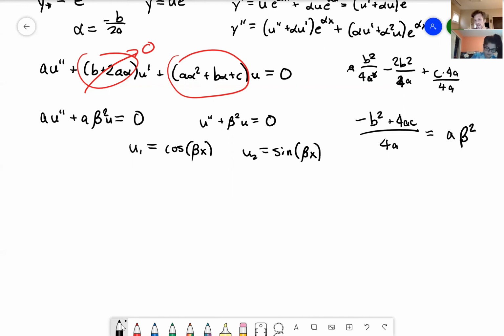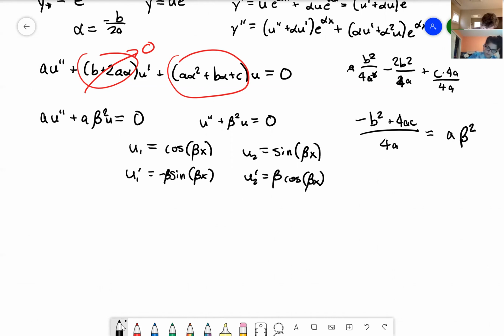So what we've done is we've gotten a second order ODE, but now it's in terms of u instead of in terms of y. So these were the two proposed solutions, and they might be the ones that you guess just based on looking at the ODE, right? Sine and cosine seem to satisfy this. Well, in fact, they do satisfy this. And if we compute the Wronskian, then this will be cosine becoming negative sine, the beta out front, and the prime becomes cosine beta x, the beta in front.